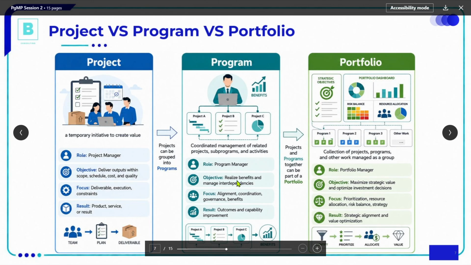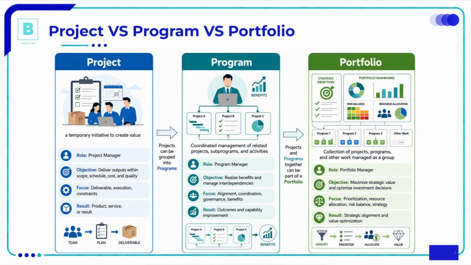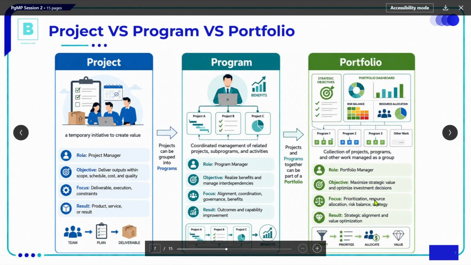The program manager needs to manage interdependencies between the projects to ensure alignment, follow governance, and achieve outcomes and higher benefits. A portfolio is a collection of projects, programs, and other work led by the portfolio manager to maximize strategic value and optimize investment decisions. It focuses on prioritizing initiatives and resource allocation, and it's supposed to lead to strategic alignment and value optimization.